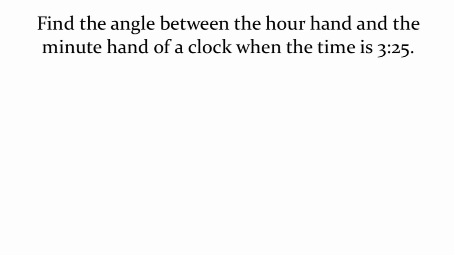Find the angle between the hour hand and the minute hand of a clock when the time is 3 hours 25 minutes. The time is h hours m minutes. The angle between the hands is 30h minus 11 by 2 m. Here the given time is 3 hours 25 minutes.